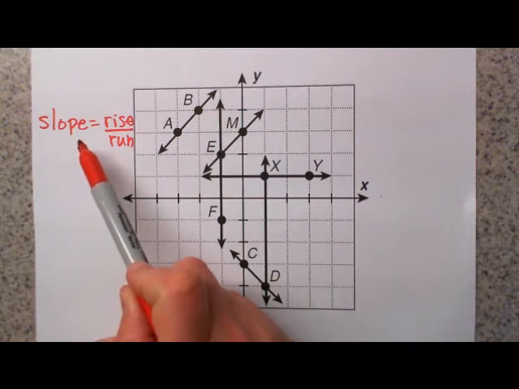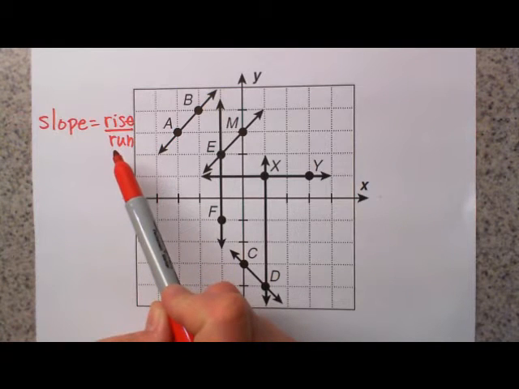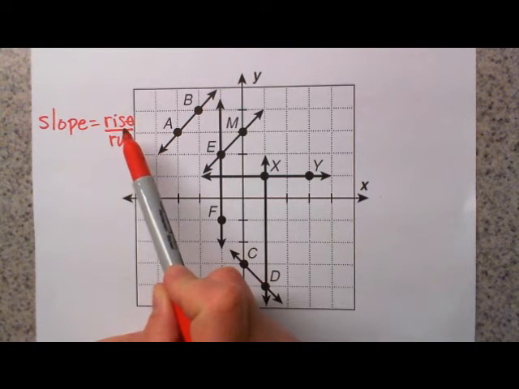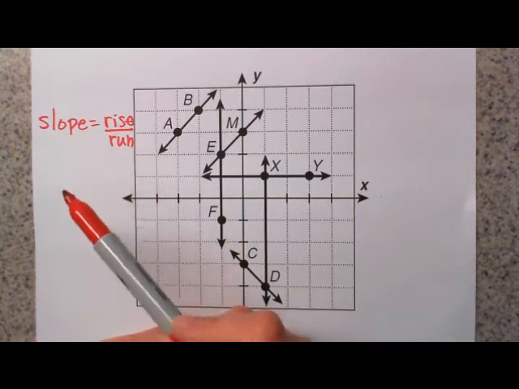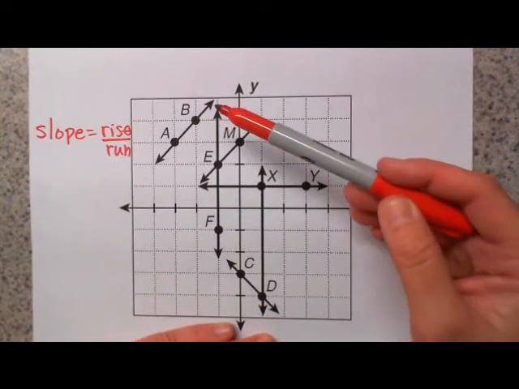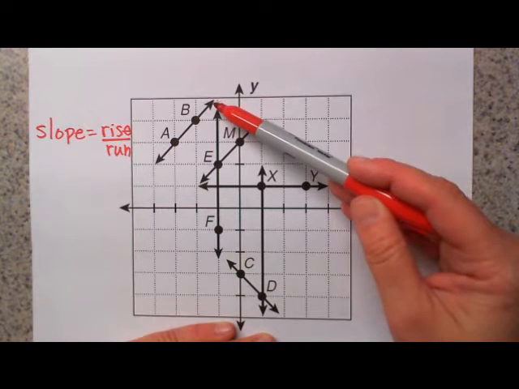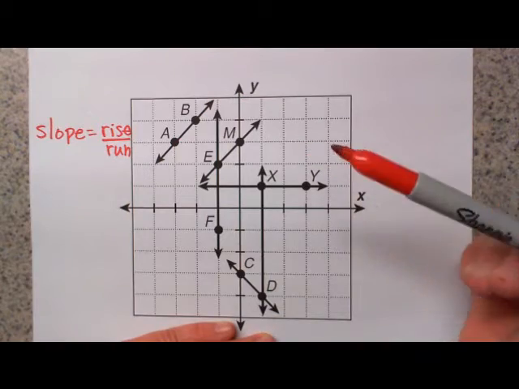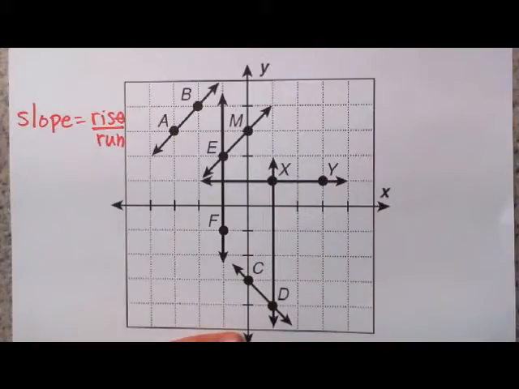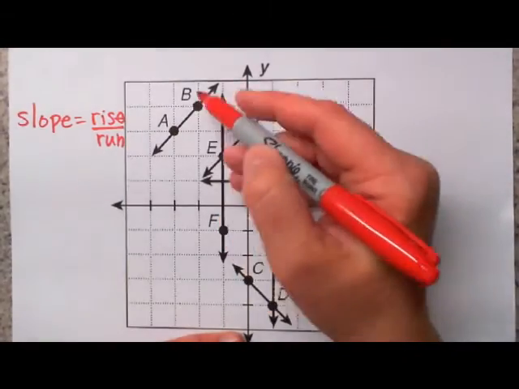So as a reminder, slope is equal to the rise over the run, which is the change in y direction over the change in the x direction. So how I would do this, I would figure the slope of these lines, then I'd write the slope right next to the line. Here's line AB.